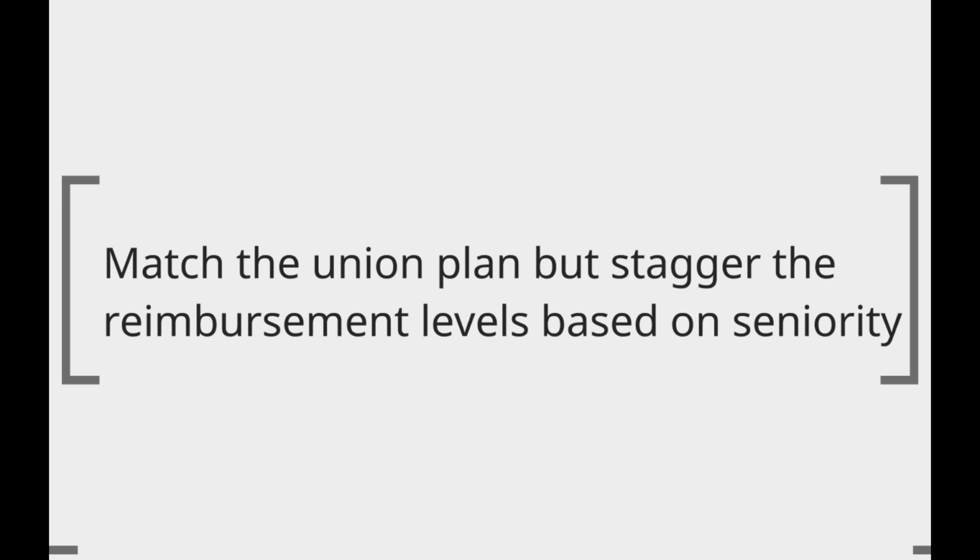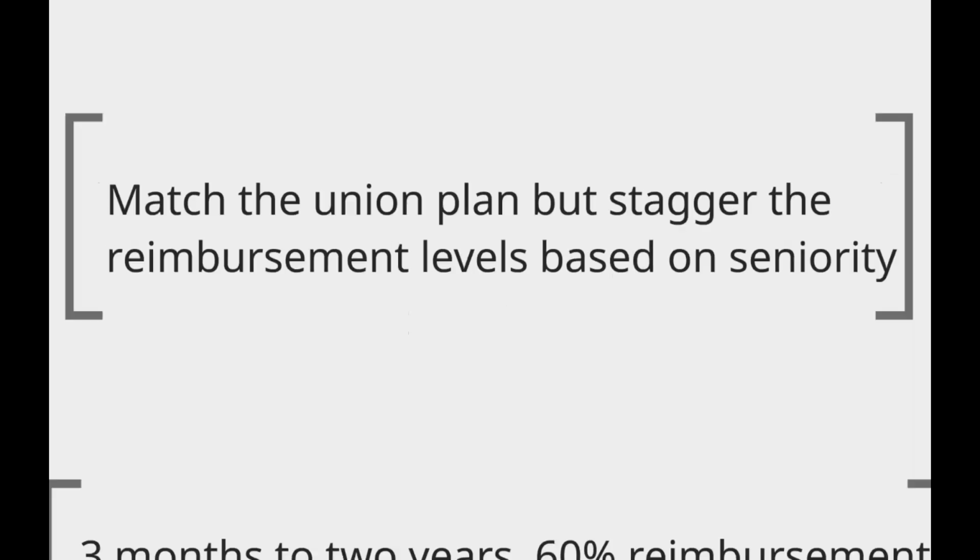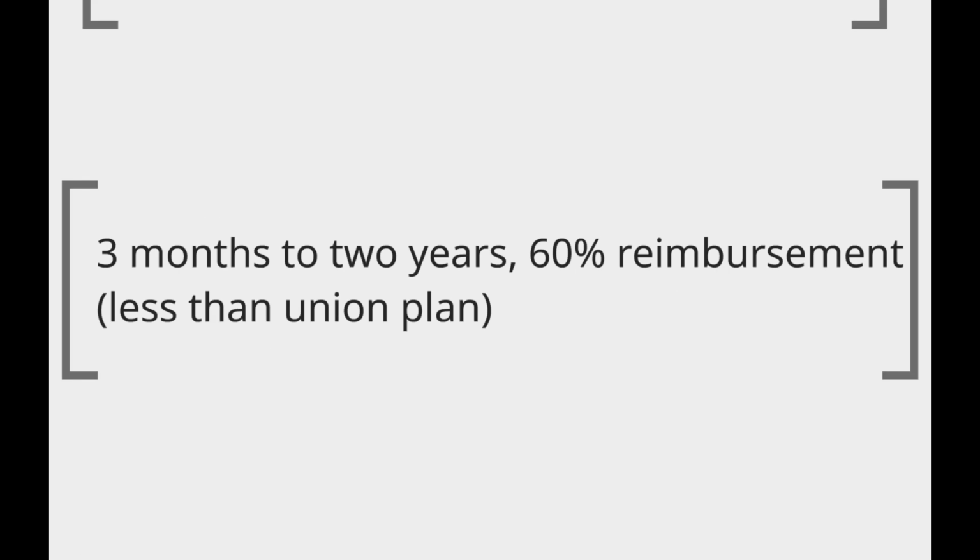Interesting word, seniority. That is a word that is used often in labor movements and unions and so on. So during the education process with the particular individuals at the company, we're saying, hey, we're going to match the union plan that's being offered. So we're saying, hey, great, we're going to match it, but we're going to stagger the reimbursement levels based on the seniority. So all of a sudden that piqued people's interest.